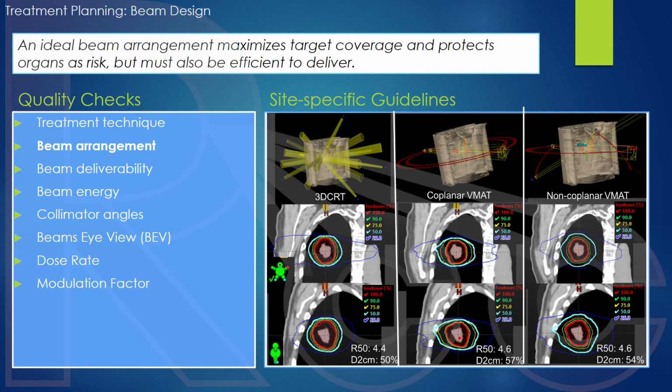What I really want to emphasize here is that the plan quality is very good for 3D conformal, for VMAT, whether it be coplanar or non-coplanar. And it may be that in this case, the 3D conformal actually has some advantages. The field apertures tend to be open, and the MUs tend to be a bit lower. You don't necessarily need to be VMAT equipped to deliver lung SBRT.